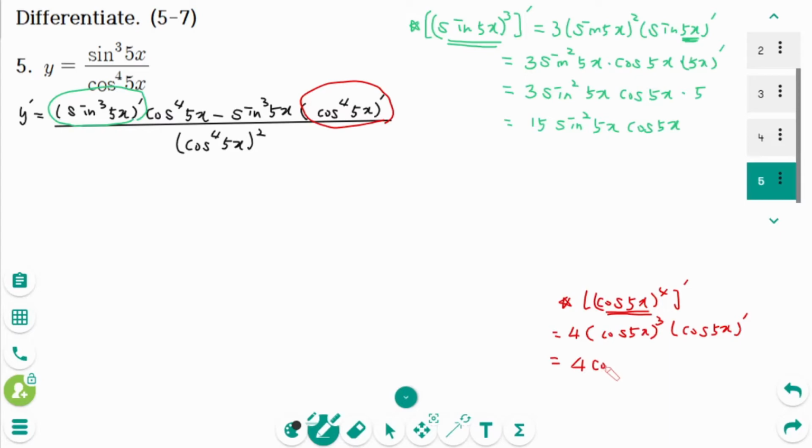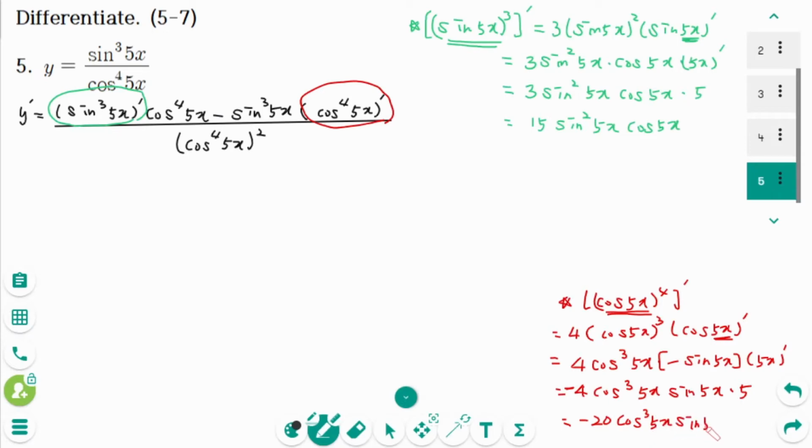That equals 4 cosine to the power of 3 of 5x times, now this one is u, then cosine u prime is minus the sine u, then u prime, so 4 cosine cubed 5x times minus sine 5x times 5. The final answer is minus 20 cosine cubed 5x times sine 5x. Then back to the original.